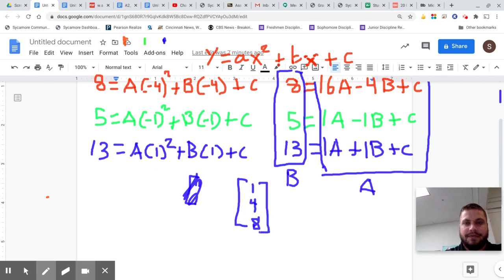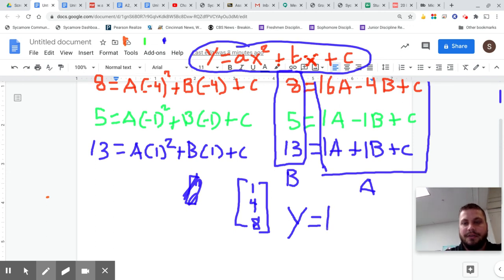Okay, so we were looking for A, B, and C. That's it. 1 is A, B is 4, C is 8. So that tells me that the standard form of the quadratic that passes through those 3 points is y equals, remember, we're looking up right here, ax squared plus bx plus c, 1, no need to write the 1 if you don't want to, x squared plus 4x plus 8.